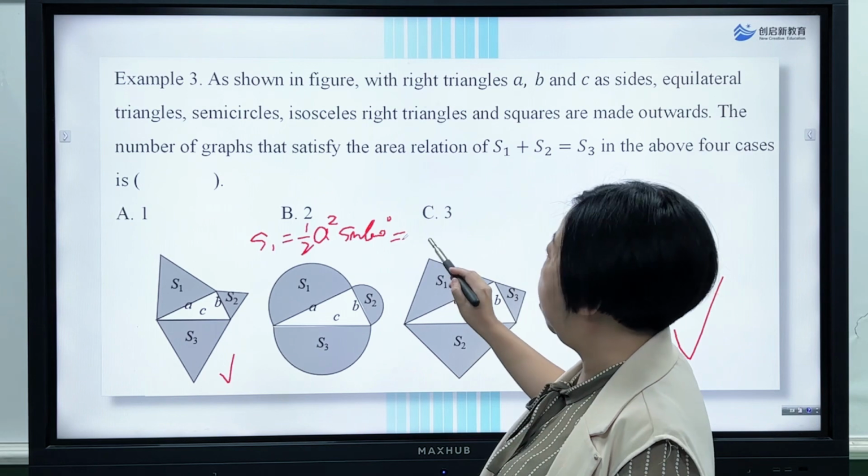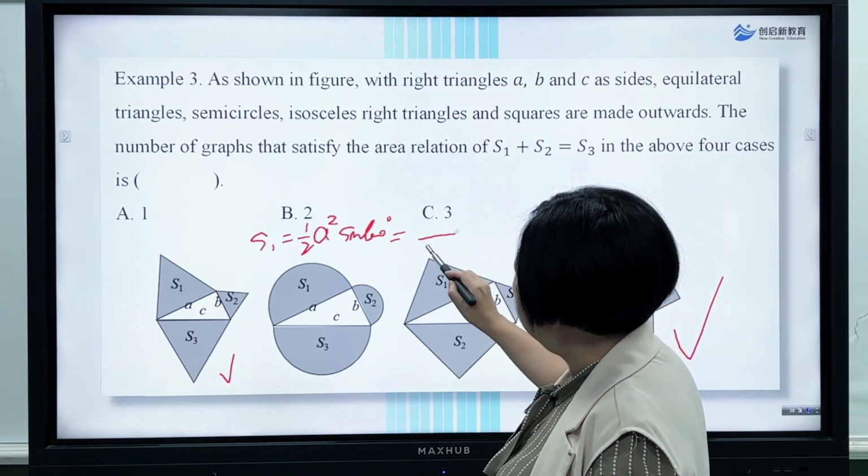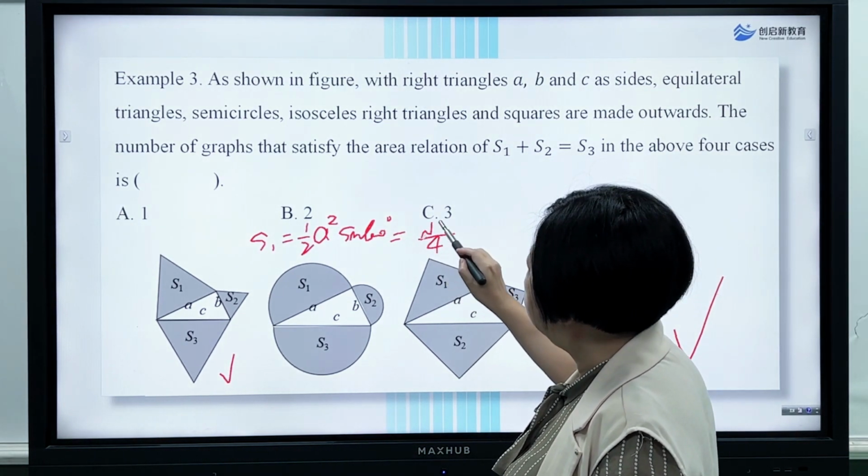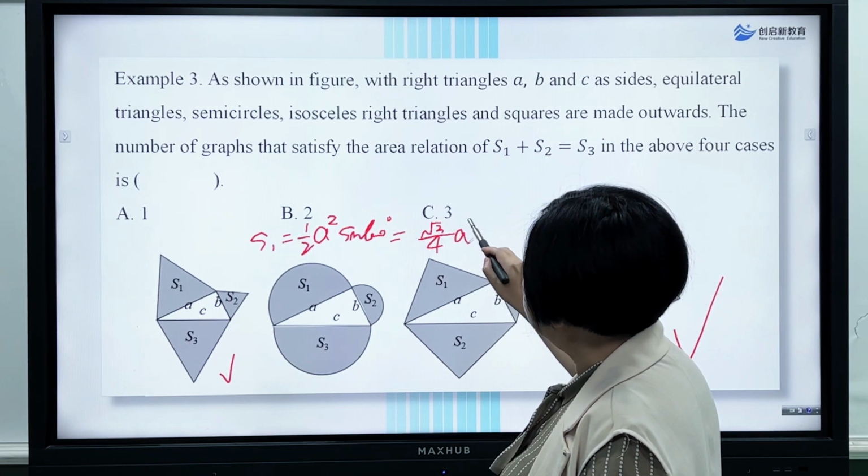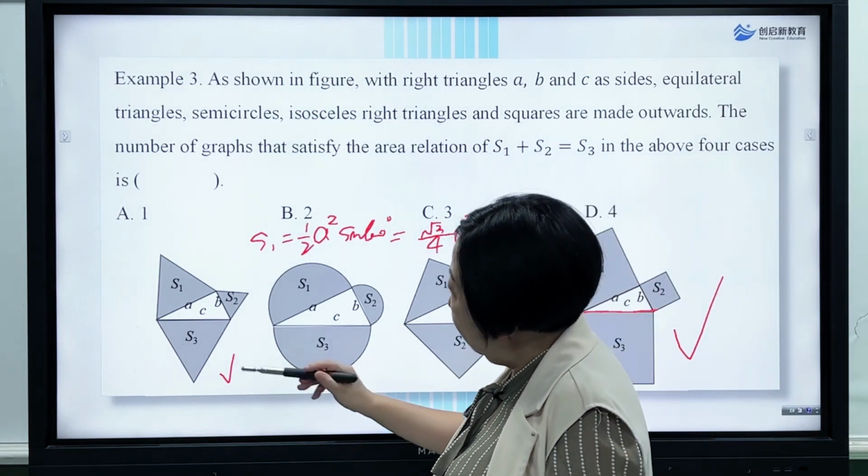Here, of course, it equals one fourth root 3 times the square of A.